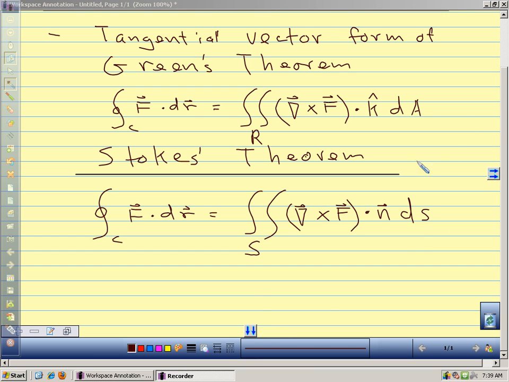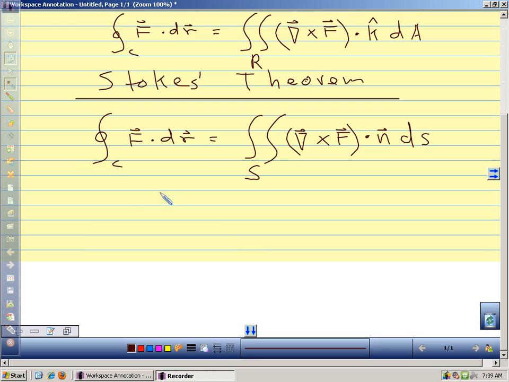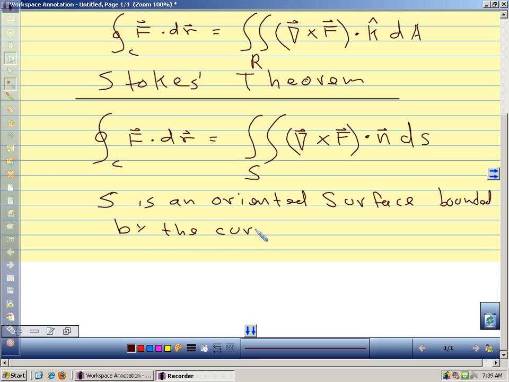And S is an oriented surface bounded by the curve C, and n is our unit normal vector.